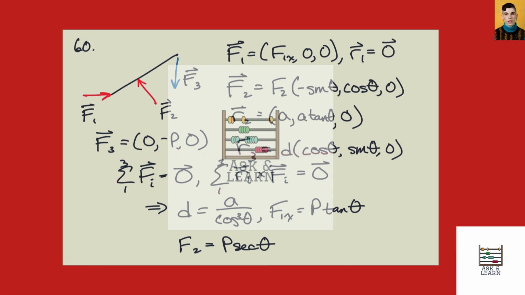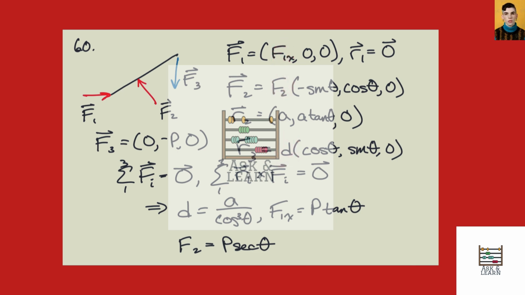In the end, we have three unknowns. We want to find everything in terms of p, a, and theta. So that gives us d, F2, and F1x. We want to find these three variables in terms of the rest of the parameters in the system.